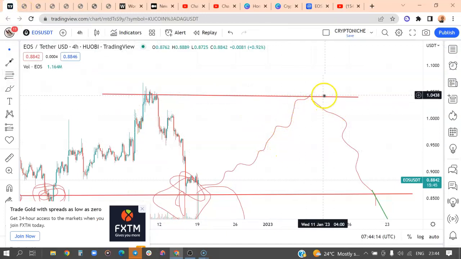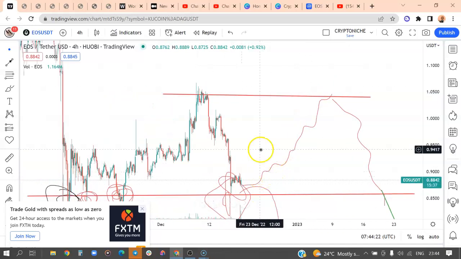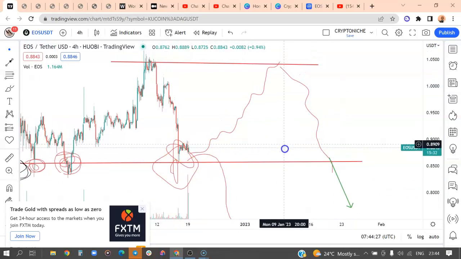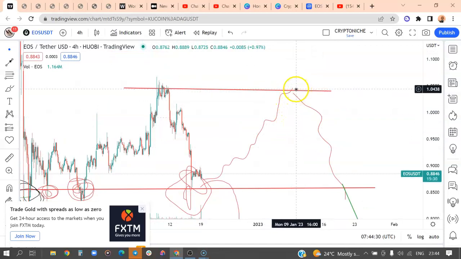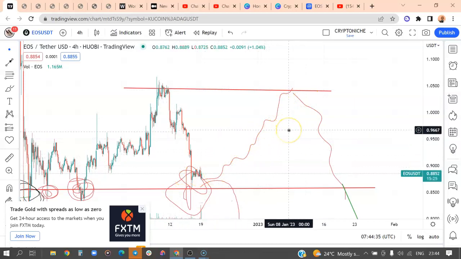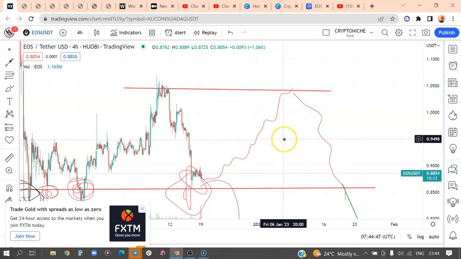Now you can see the exits. When you short it here, it makes a whole lot of sense to short it here. And you can even add to your short position at this point, then you'll probably be able to break even. If you're shorting it here and the price has a relief pump, then you place another short position at this point, and your entry price will drop to maybe like 0.9, depending on your trading strategy.